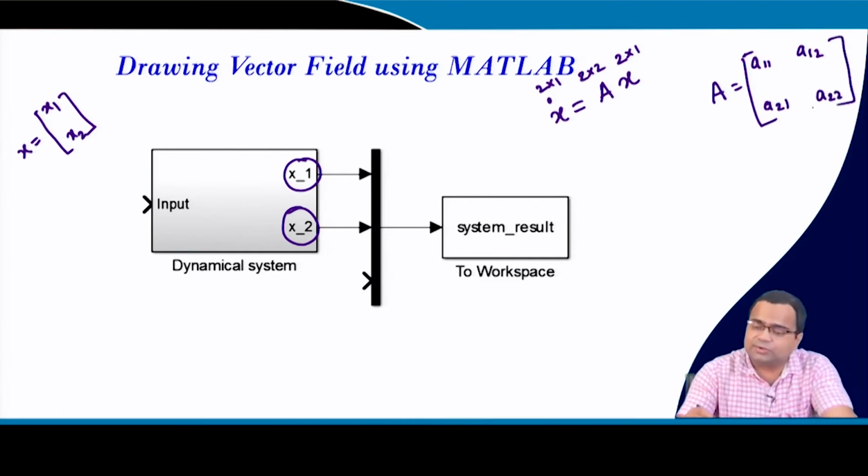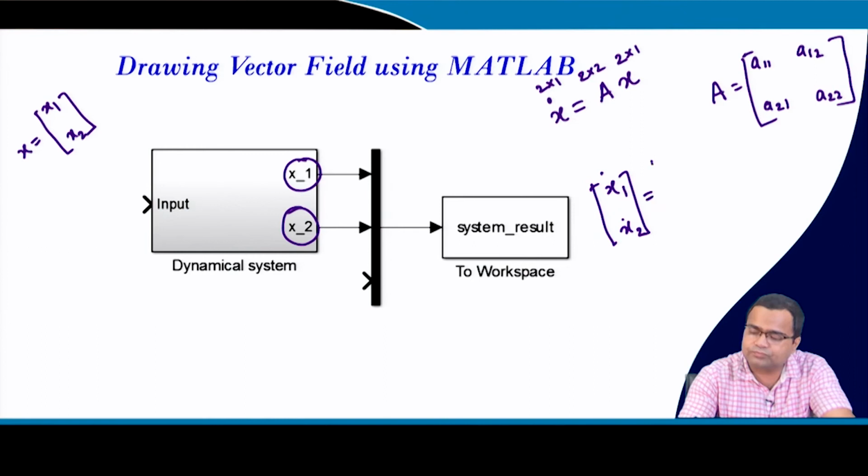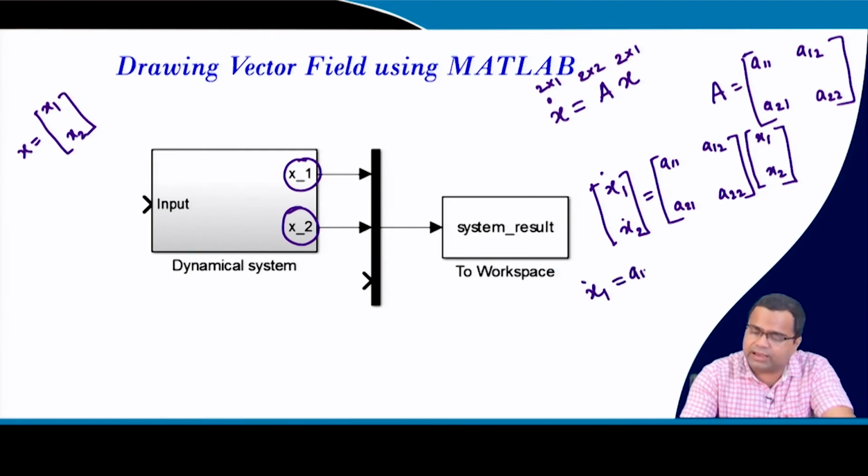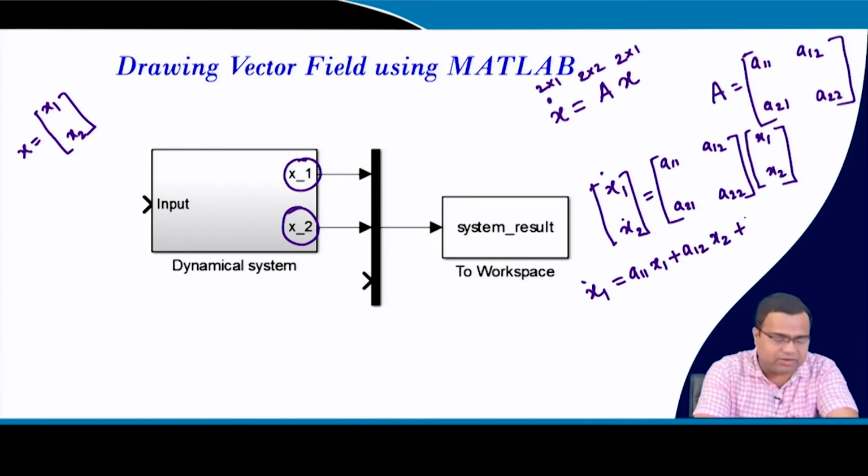That means I will get x1 dot, x2 dot is equal to A11, A12, A21, A22 into x1, x2, which means x1 dot is equal to A11 x1 plus A12 x2, because there is no input.